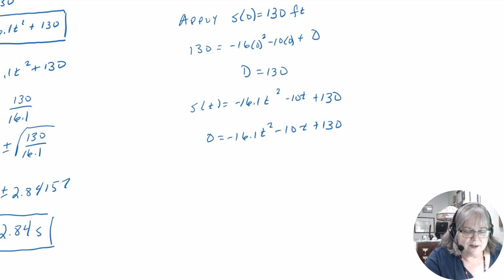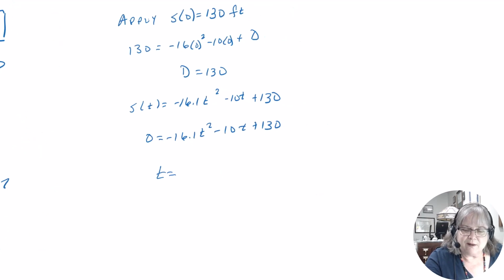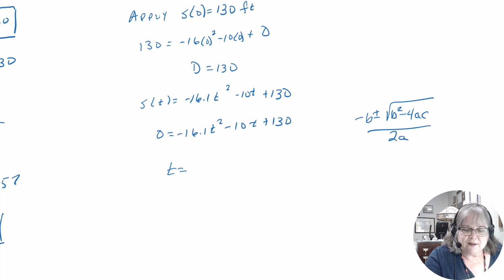Okay, so t would be, and remember the quadratic formula? Let me write it over here. Negative b plus or minus the square root of b squared minus 4ac over 2a. Remember that? So it's negative. What's b? Negative 10. Remember, this is a, this is b, this is c.